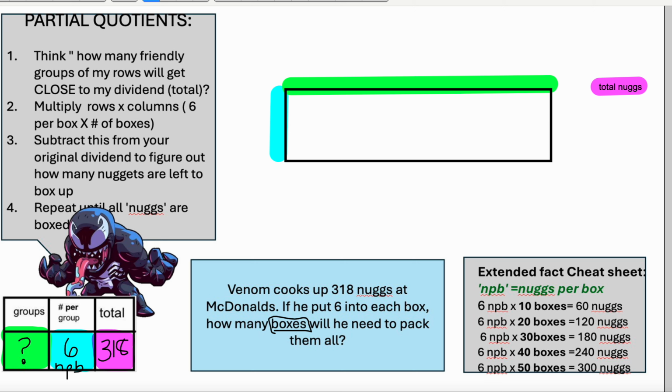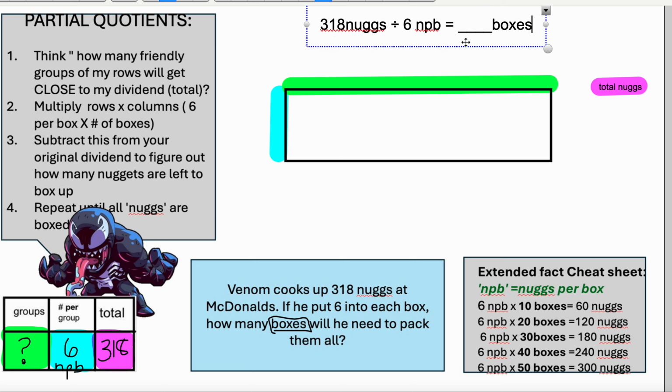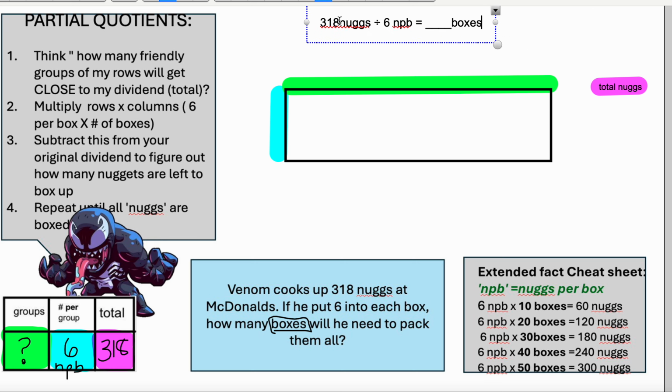Cool. And then we're trying to figure out, this translates into 318 nugs divided by 6 nugs per box is equal to, well, I don't know, boxes. And it doesn't think nugs is a word, but hey, all good.